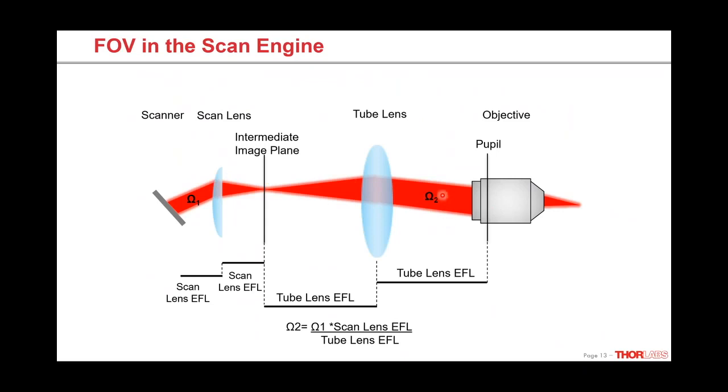That is, if omega 2 here is the angle of light going into the objective, and omega 1 is the angle of light reflecting off of the scanners, omega 2 is omega 1 times the scan lens effective focal length divided by the tube lens effective focal length. So essentially, these angles are reduced by the scan engine magnification.